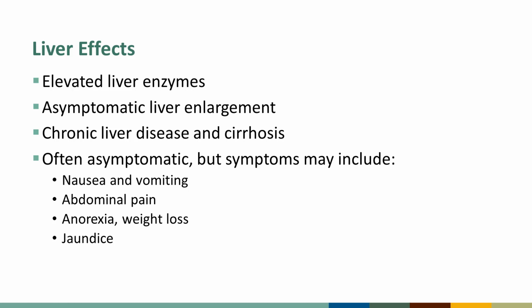Elevations of aspartate aminotransferase, or AST, alanine aminotransferase, or ALT, alkaline phosphatase, or AP, lactate dehydrogenase, or LDH, and gamma-glutamyl transpeptidase, or GGT, have been linked to PCB exposure. In occupational exposures, people may develop asymptomatic liver enlargement. Ingestion exposures have also been associated with an increased incidence of chronic liver disease and cirrhosis.